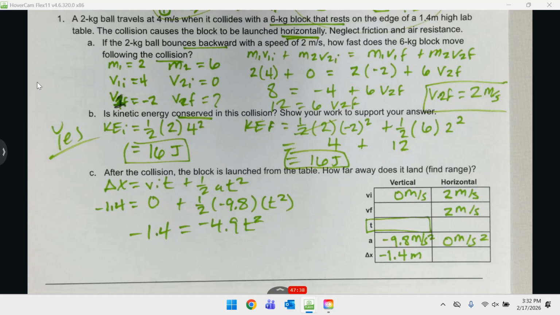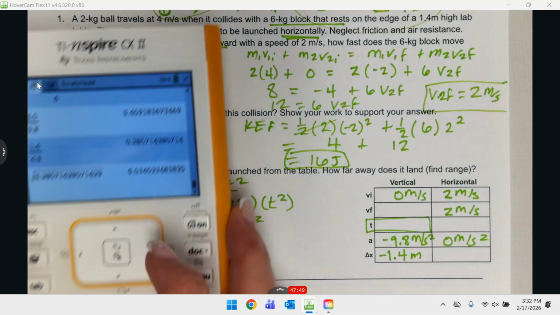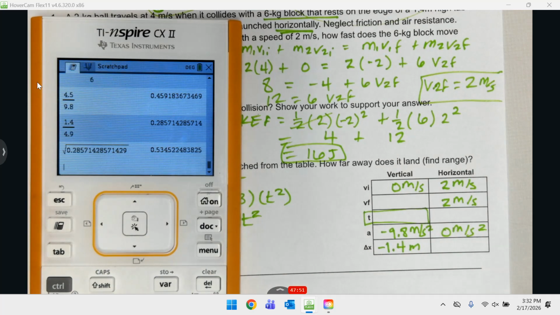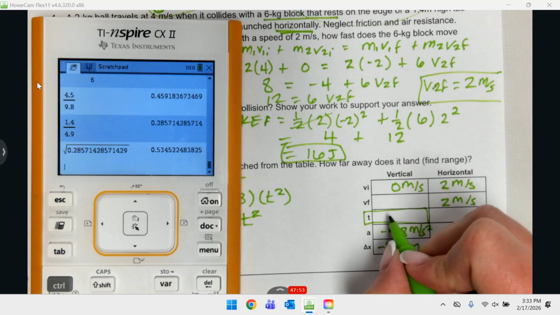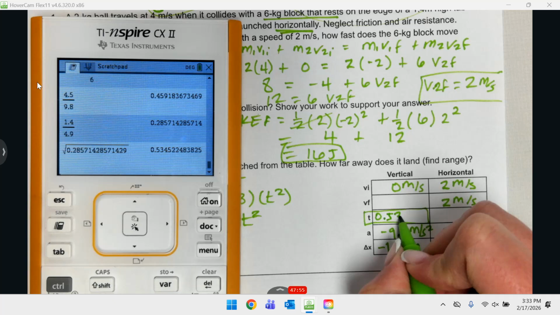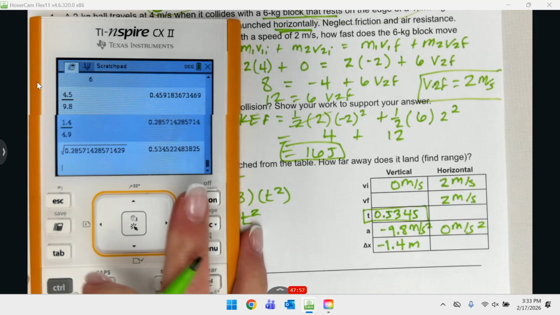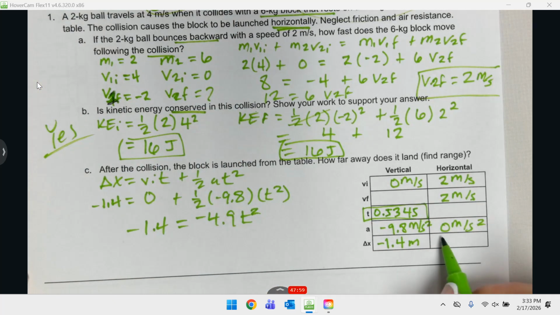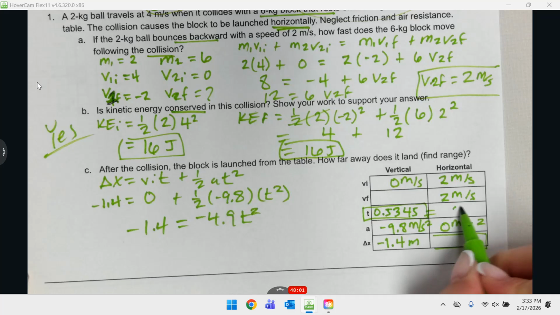Okay, sorry, calculator's being weird. All right, so my time is 0.5345. And now we're going to use that time to figure out our range, because it's the same time over here.